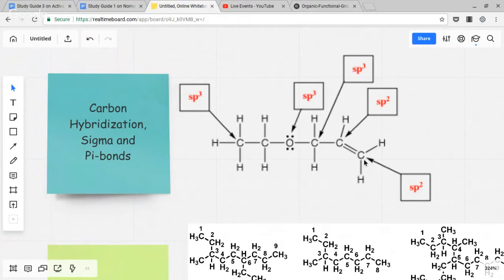So you see this is an expanded structural formula of the organic compound, and our task is to identify the type of hybridization first for every carbon cluster in the entire compound. So every carbon cluster, if you recall, if carbon has 4 single bonds all throughout, that's an sp3.